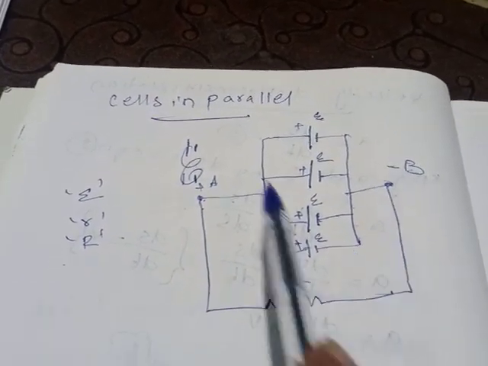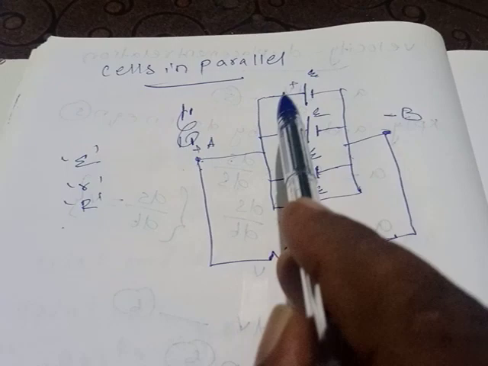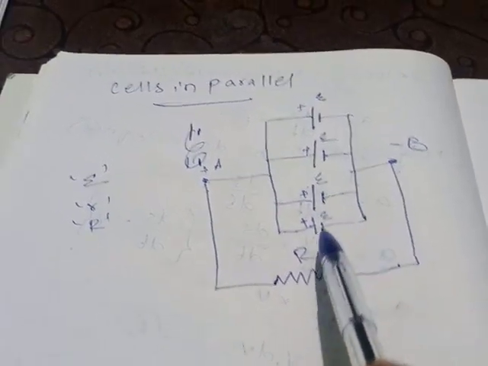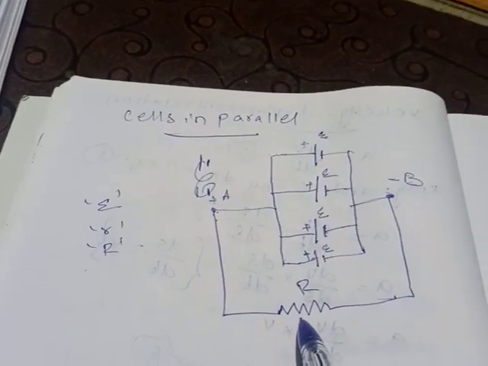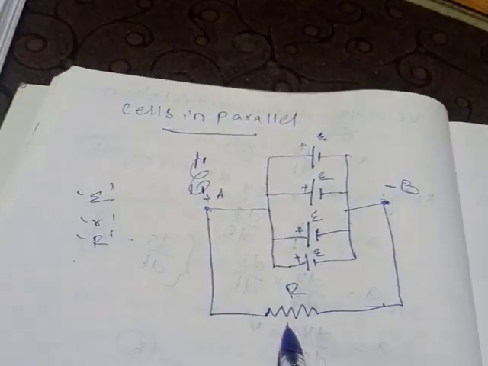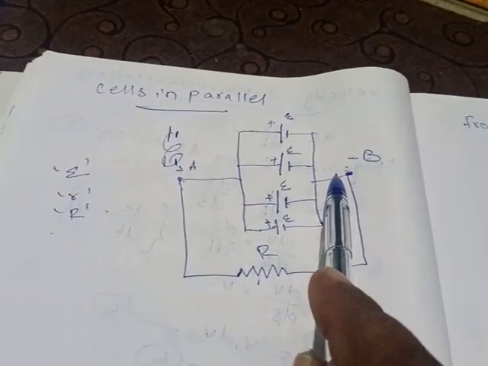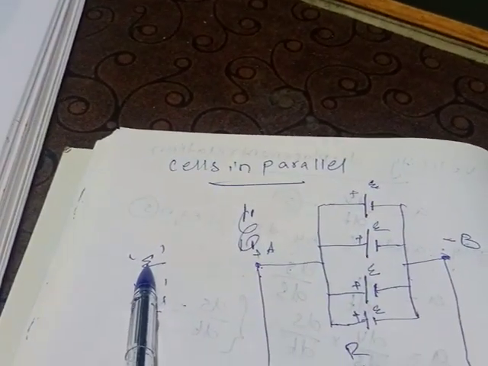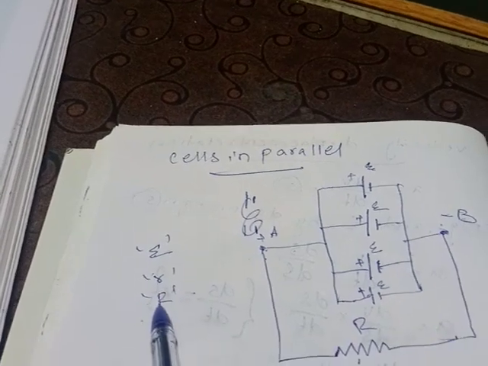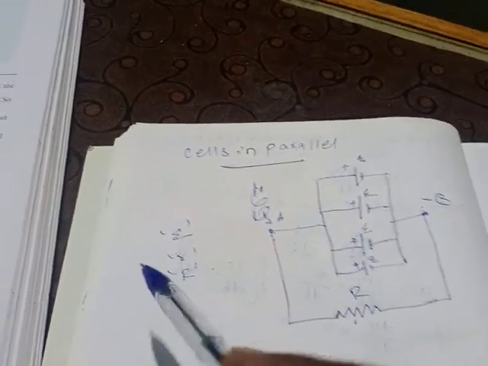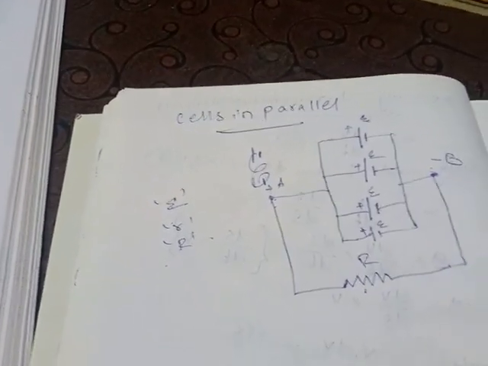Now let us consider these n cells are connected between these 2 points A and B, and external resistance R is connected between these 2 points A and B. So epsilon be the EMF and r be the internal resistance of each cell, and capital R be the external resistance. This is what you have to tell about the circuit diagram.